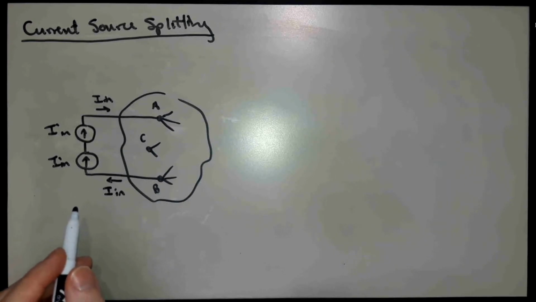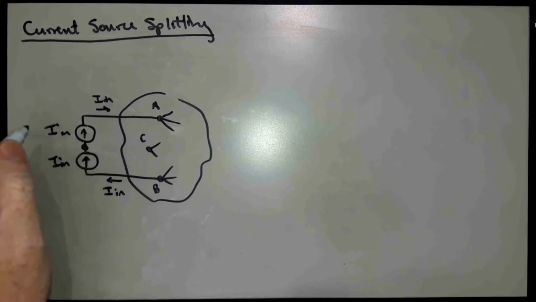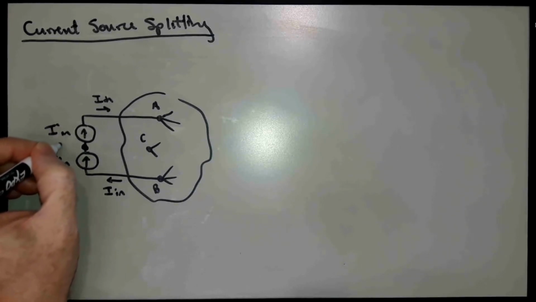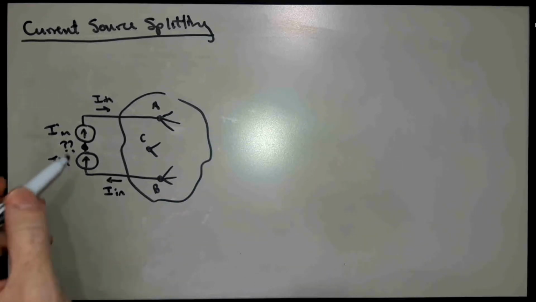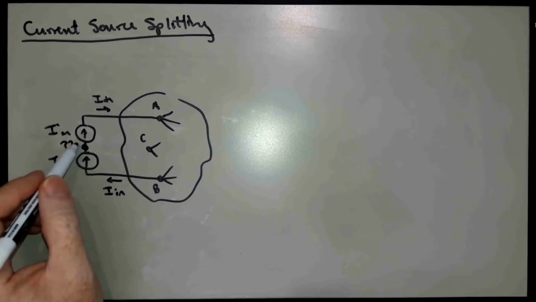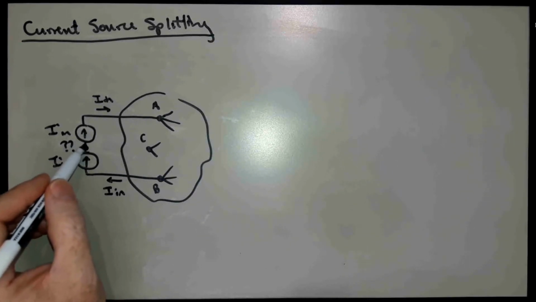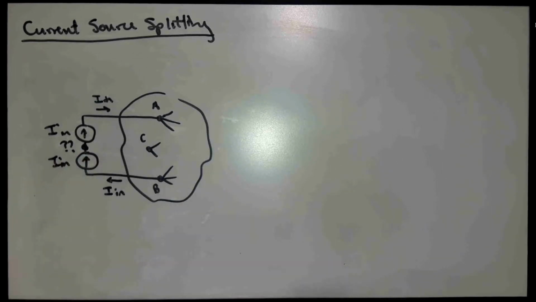One thing, if you think about this a little bit, that's potentially disturbing. What is the voltage on this node between the two current sources that we've connected? I mean, KCL will apply and be satisfied because we're pushing I in and sinking I in, so the sum of the currents in is equal to the sum of the currents out. And that's regardless of what the voltage is on that intermediate node.